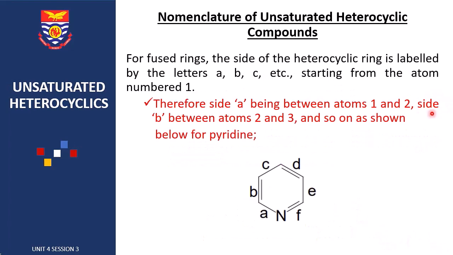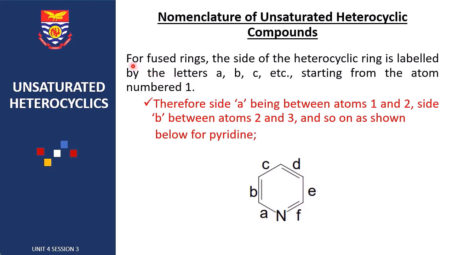Lastly is to look at fused aromatic systems. So the side of the ring that is being attached to another ring is named with alphabets, right? So we use the numbers for the atoms, and the side of the ring is numbered using alphabets.